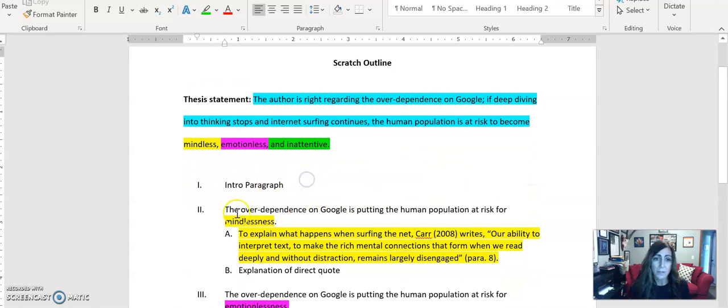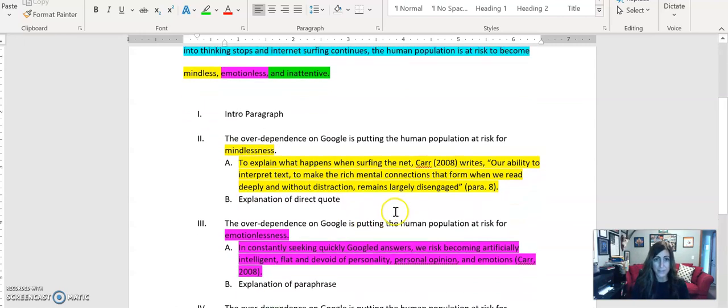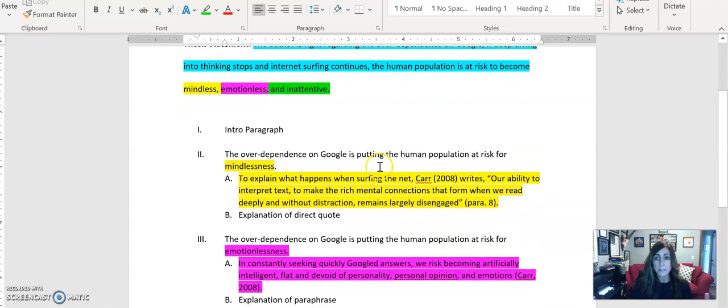Here's my intro paragraph. My topic sentence is going to be: the overdependence on Google is putting the human population at risk for mindlessness. I go back, I find some research, and I know that I can include that in my essay. Then I will explain that direct quote and expand on it, and end my paragraph with a concluding sentence. Then I know my next body paragraph should focus on my second point listed in my thesis statement.